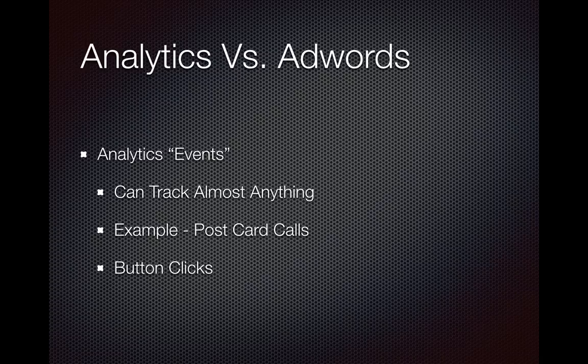Whatever calling system you use, as long as they give you the ability to send data to Google Analytics, then you can track them as events. And events will allow you to track pretty much anything. Button clicks. If you want to know if somebody watched a video on your website, it'll track that for you. And an example here is postcards even.